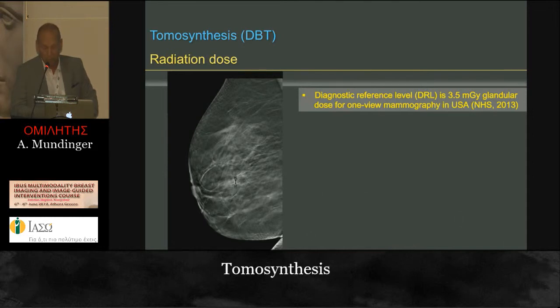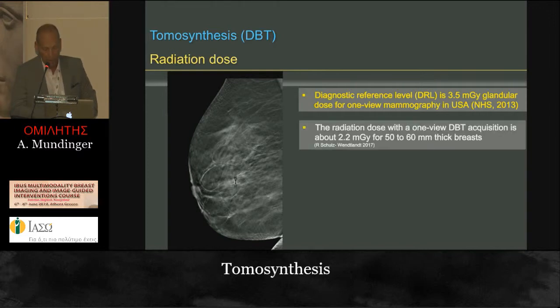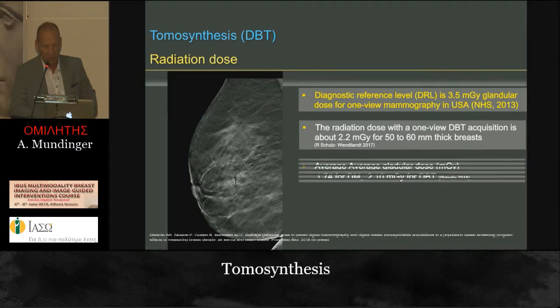Radiation dose, a very important issue. If you look at the diagnostic reference level in the US, it's 3.5 milligray glandular dose for one-view mammography. If, on the other hand, we check what we know from literature, in Germany the average dose per tomosynthesis is 2.2.